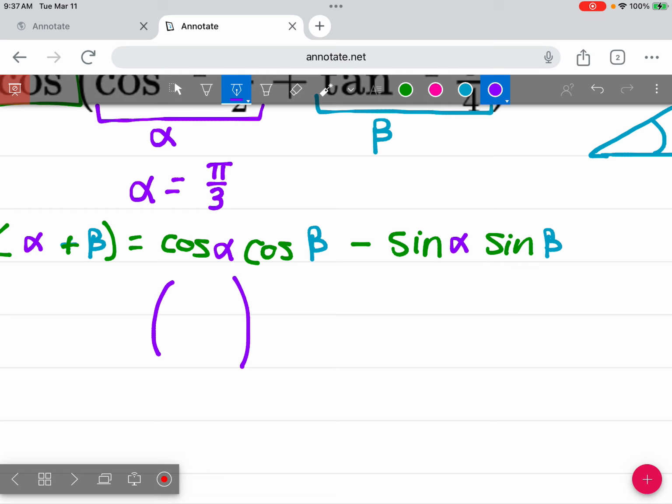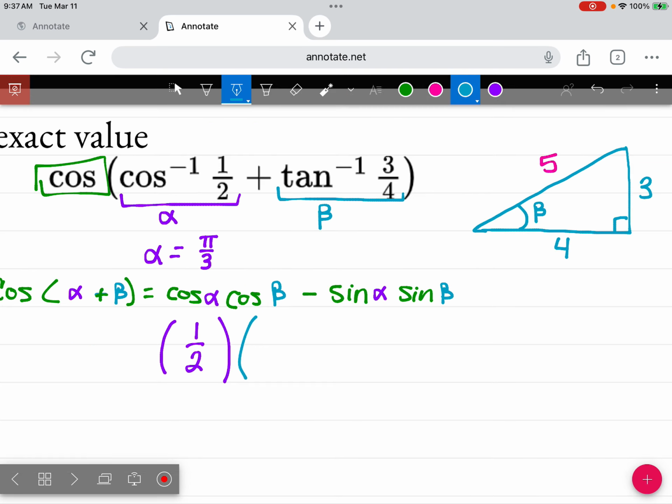Cosine of alpha, cosine of pi over 3, is our 1/2. Cosine of beta, cosine is adjacent over hypotenuse, so we're going to have 4/5. Sine of alpha, sine of pi over 3, is going to give us √3/2.